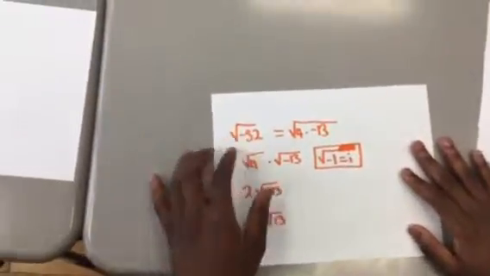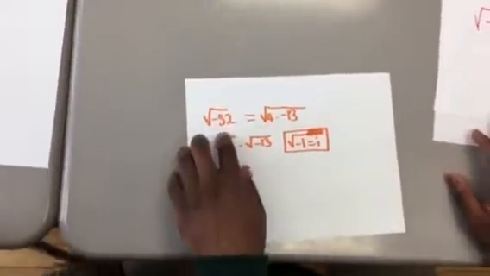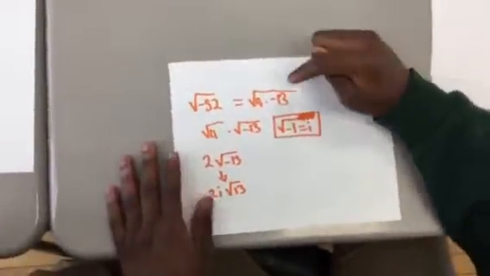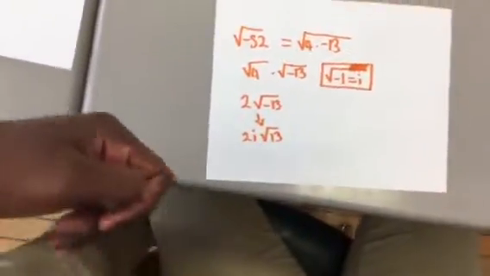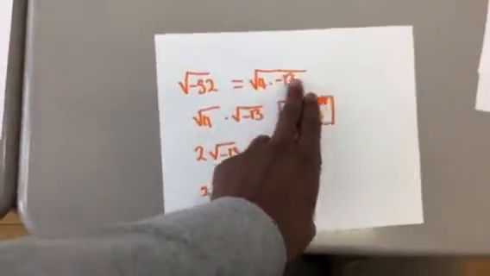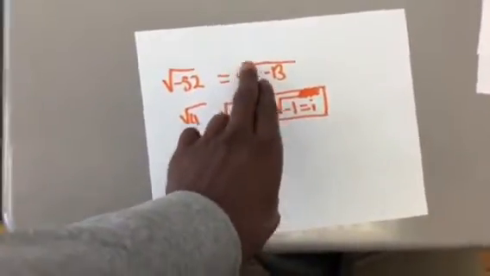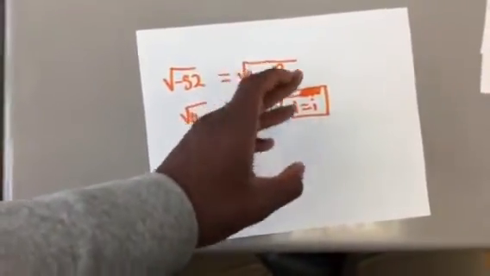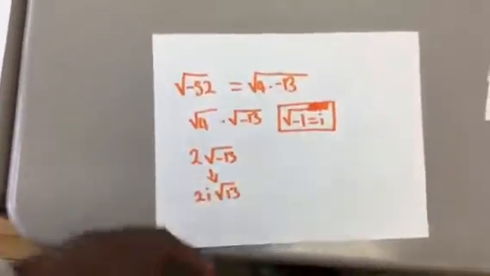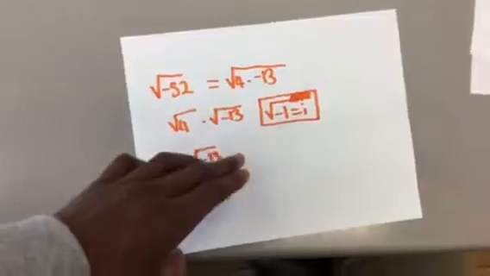And here's a different, more extreme example: -52. Here we split it up as 4 and -13. The square root of 4 times -13 is the same as the square root of 4 times the square root of -13.